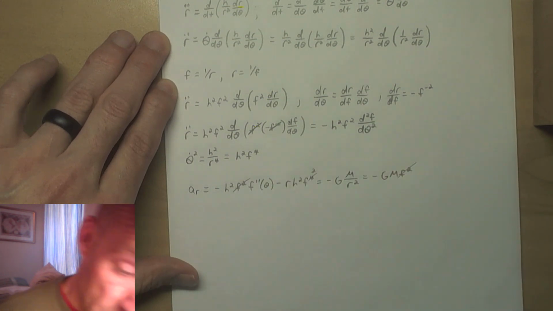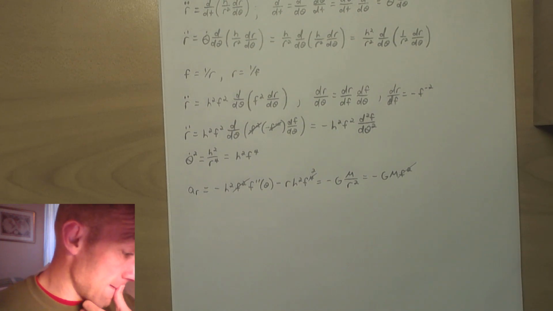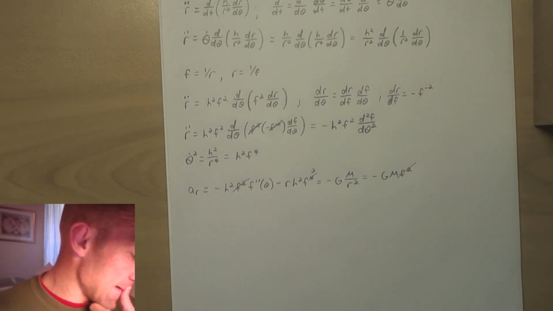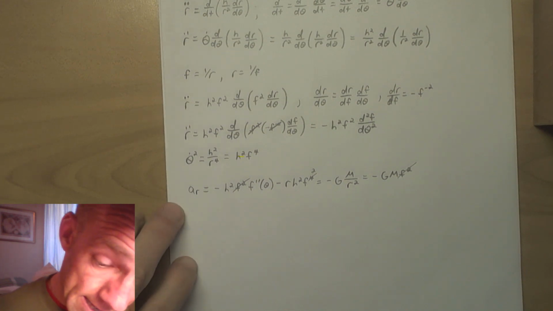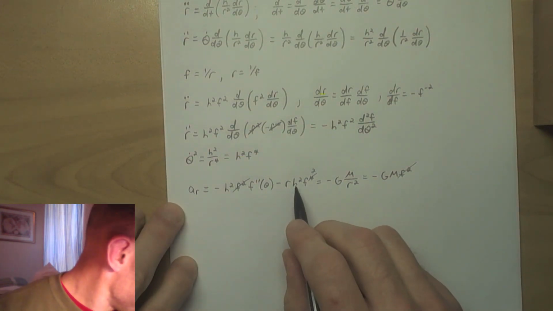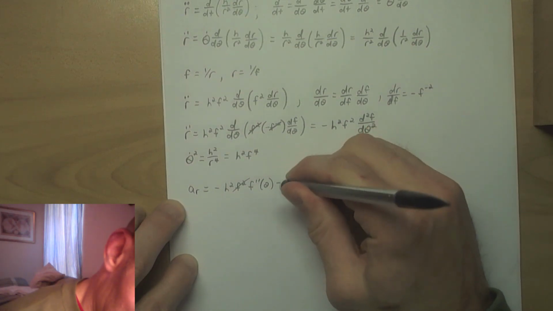This f squared goes away. Is that right? And the r here is 1 over f.